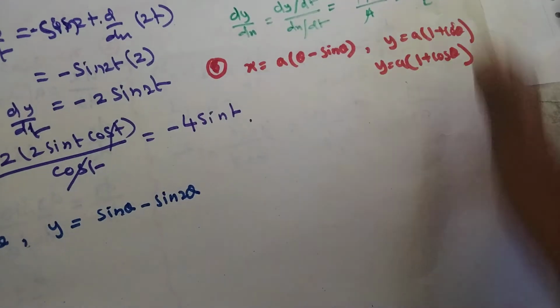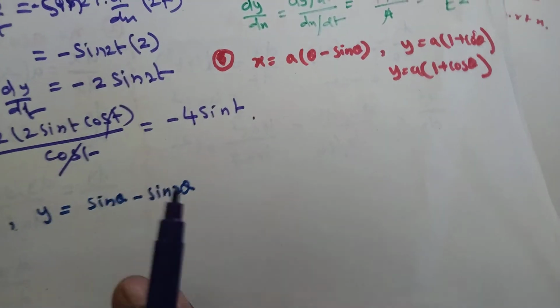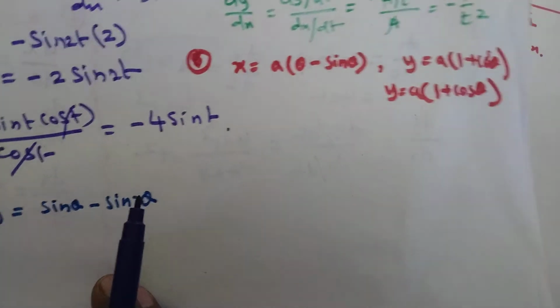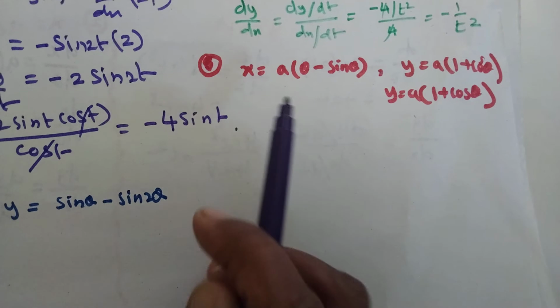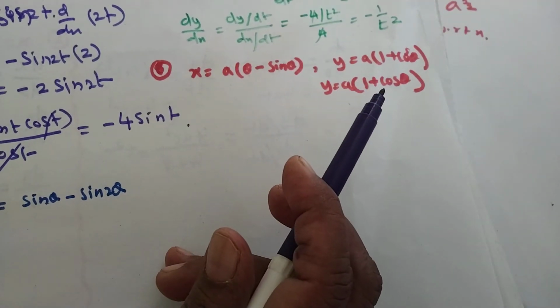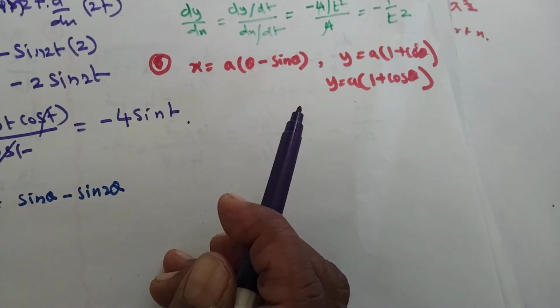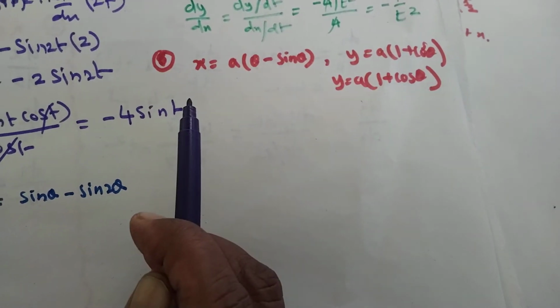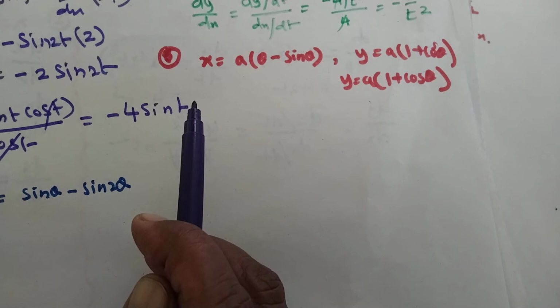Here x equal to a into bracket theta minus sin theta, y equal to a into bracket 1 minus cos theta. So differentiate.